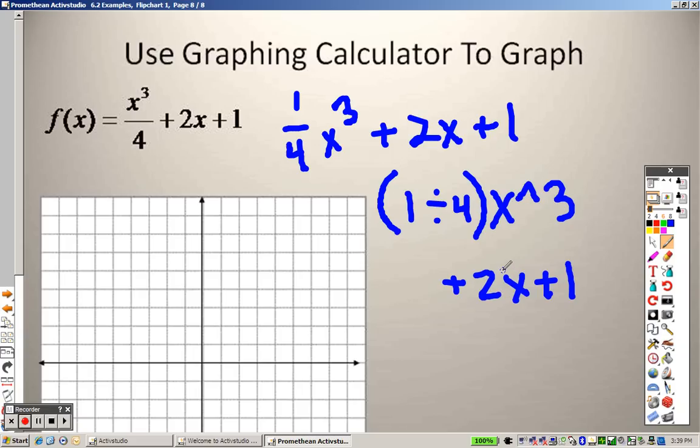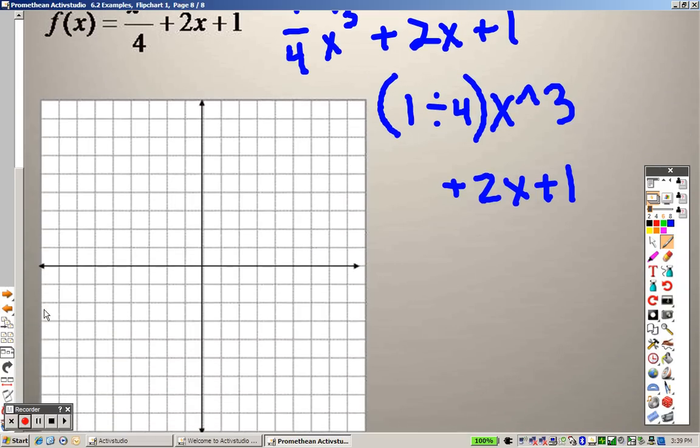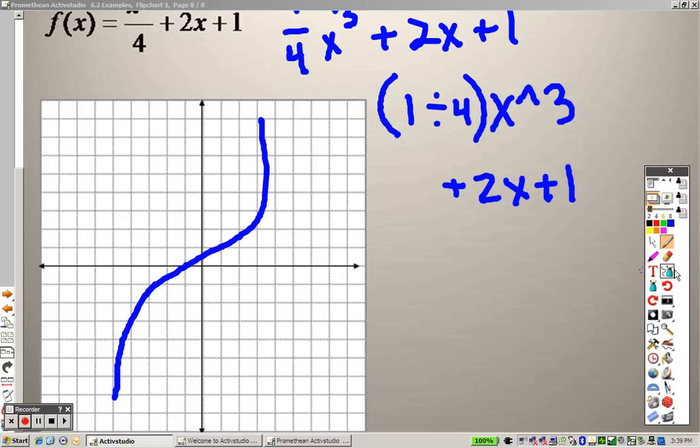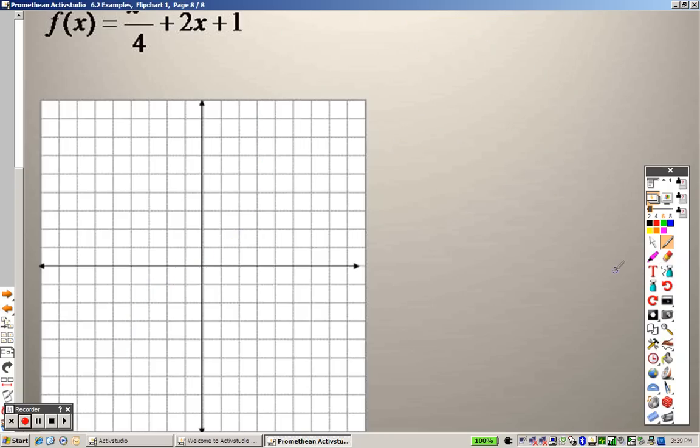So go to Y equals, remember: parentheses, 1 divided by 4, end parentheses, x, caret sign, 3, plus 2x plus 1. When you go to graph and take a look at what this looks like, it comes out a little wider, which is absolutely no problem. Press second graph so we can see the points.